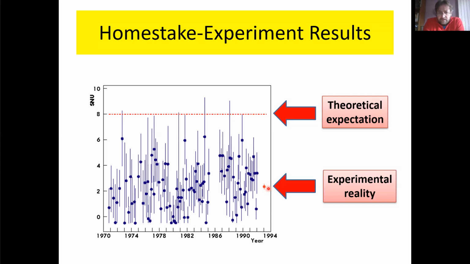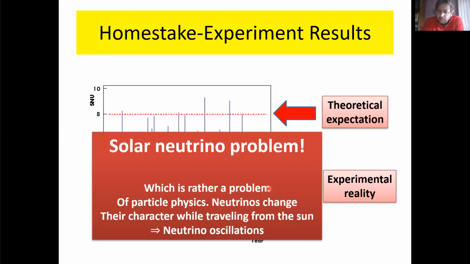But people quickly realized there's this factor 3, then remembered how many families of neutrinos there are. 3. That is already suspicious. This was long known as the so-called solar neutrino problem. When I was a student, it was still the solar neutrino problem.